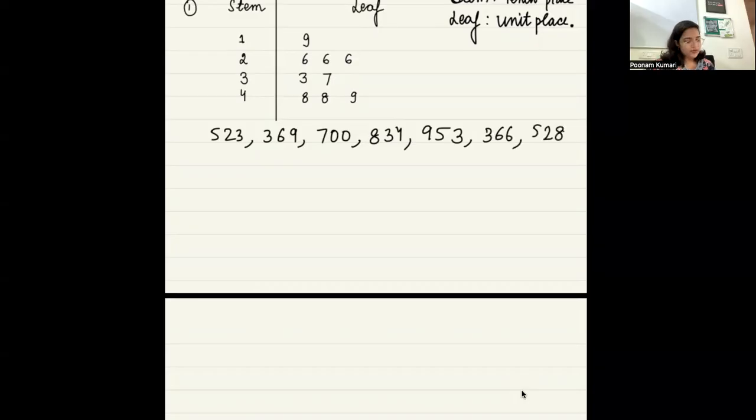What you can do here is, tell me, what do you think you should be doing here? Okay, also for decimal, definitely we'll do that. No worries. What will you do here? So we have to figure out what is stem and what is leaf.